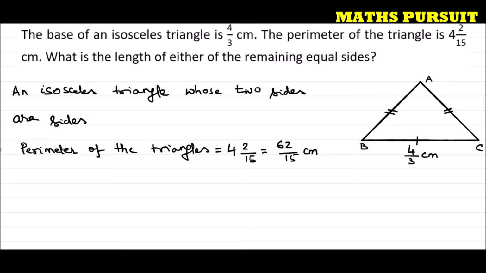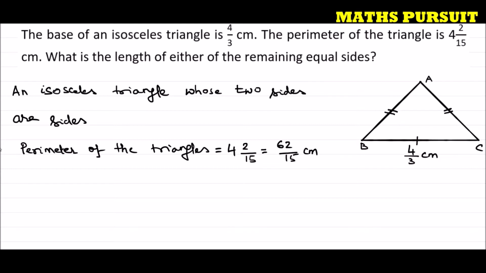The perimeter of the triangle is 62 upon 15 centimeter. With these things in hand, the question is asking what is the length of either of the remaining equal sides. The question has given us the length of BC and asks us to find either AB or AC, because if we find AB, we will get AC, since AB is equal to AC.